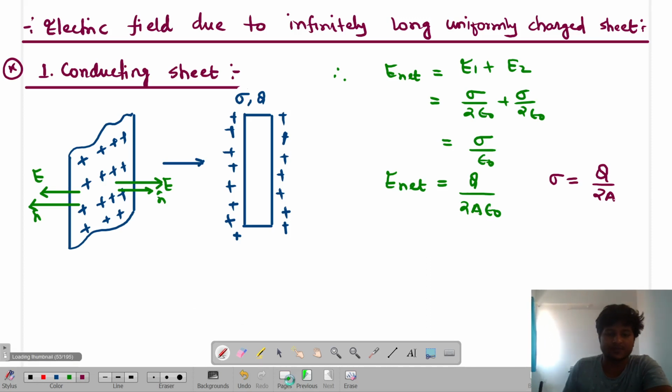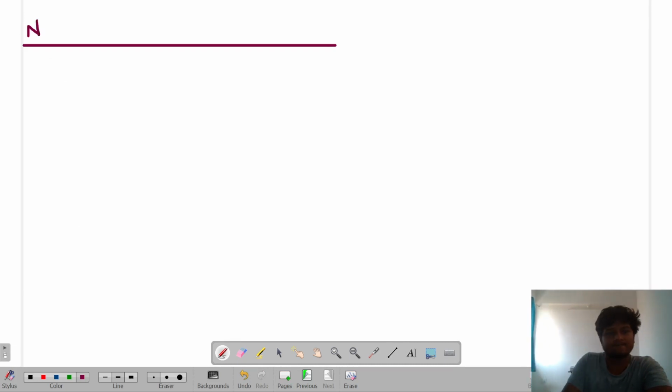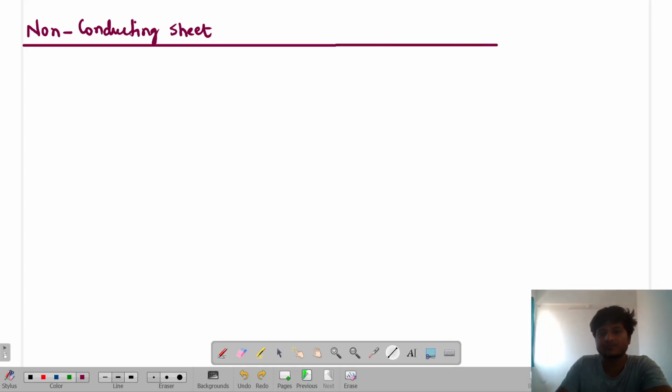Second case, non-conducting sheet, or this is called a non-conducting sheet and one layer of charge. Why one layer? Because in a conducting sheet, the charges will go on the surface, isn't it?